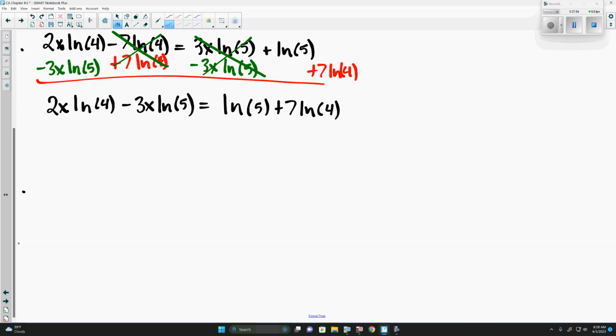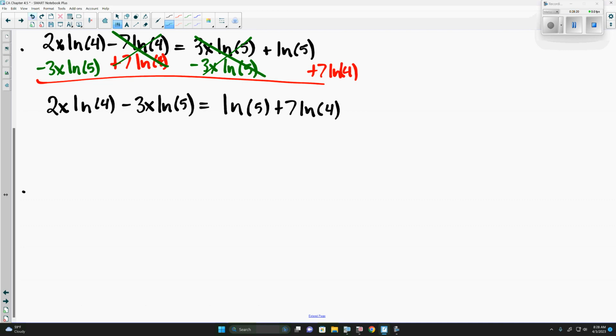And what that means is it doesn't want you to take this here and convert it into its number, what it actually is, and approximate it. It doesn't want you to figure out what this is now and round. Any rounding that you do from the start, once you start the problem to before you find the final answer, is called intermediate rounding, intermediate in between. So we're going to leave it as ln of 5 plus 7 ln of 4.